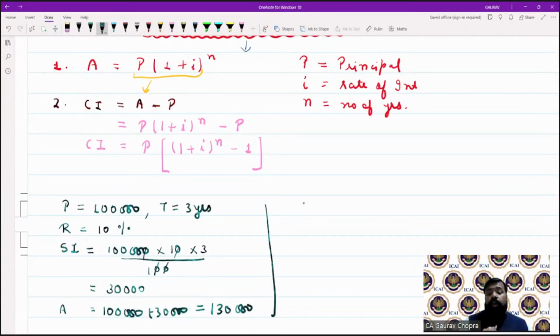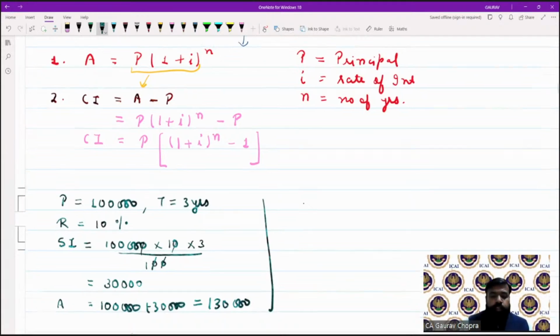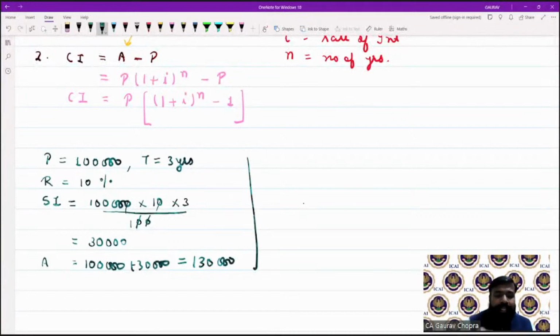Now, if we talk about compound interest, how do we calculate it in detail? Let's say today is the first year. We are in the beginning of the first year and we are investing rupees 1 lakh.